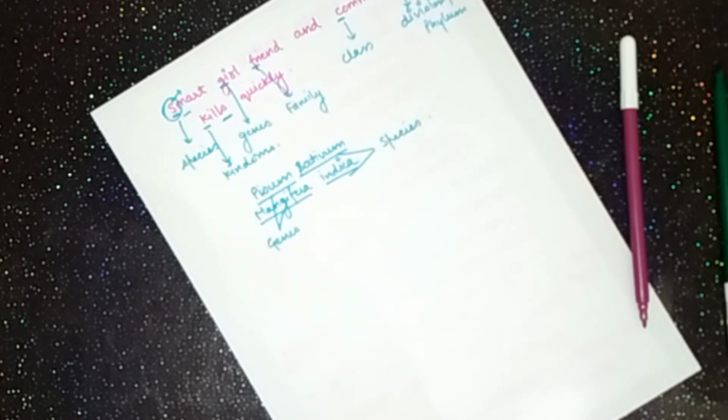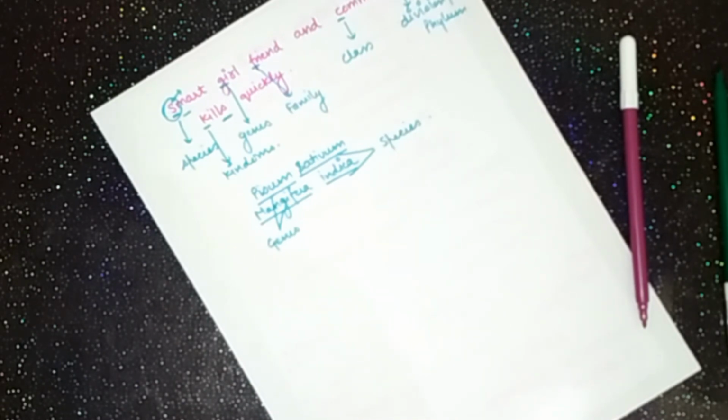Housefly, Musca domestica. Here genus is Musca, family Muscidae, order Diptera, class Insecta and phylum Arthropoda. Mango, Mangifera indica. Genus is Mangifera, family Anacardiaceae, order Sapindales, class dicotyledon, division angiosperm.